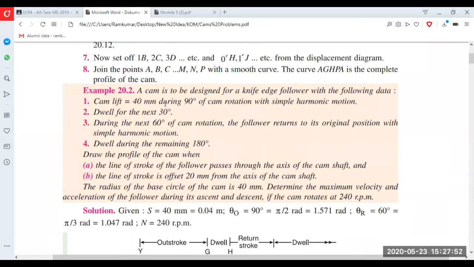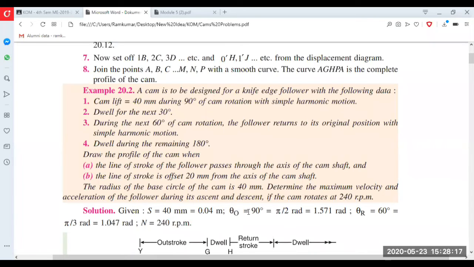Okay. During 90 degree of cam rotation with simple harmonic motion. Okay. So first cam is lifted with the 40 mm during 90 degree of cam rotation with simple harmonic motion. So what is this? It is lifted by this particular angle. So it is called angle of ascent.